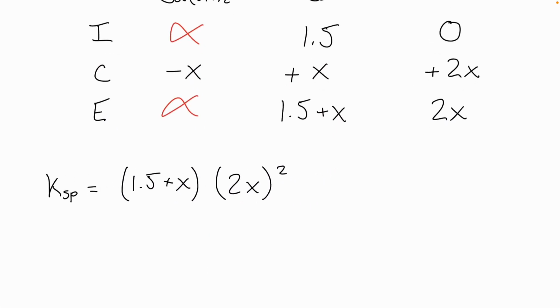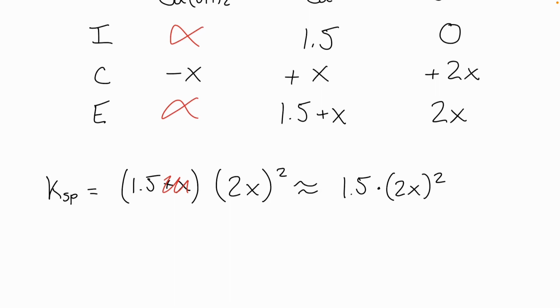Again, because X is going to be tiny, I get to assume that this here is negligible. So this is the same thing as 1.5 times (2X) squared. Okay, that equals my 4.68 times 10 to the negative 6, my Ksp for this compound.